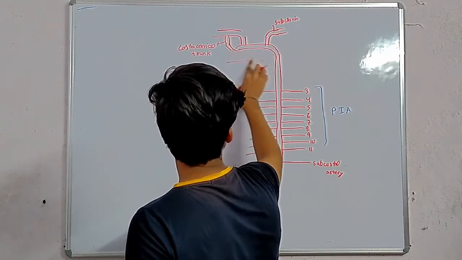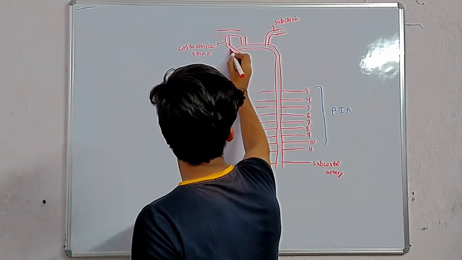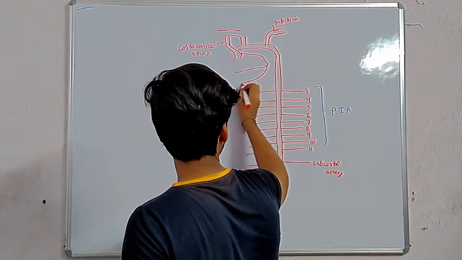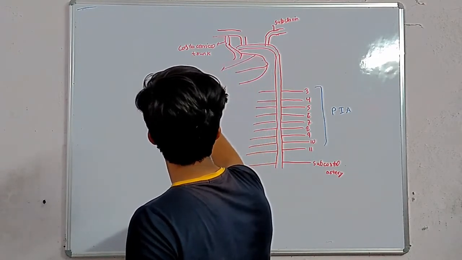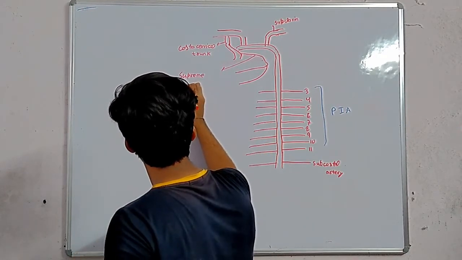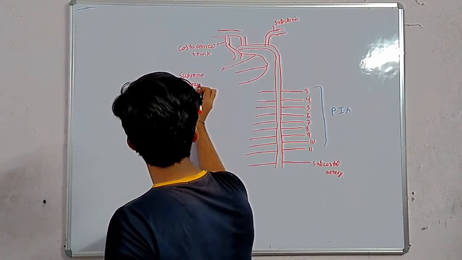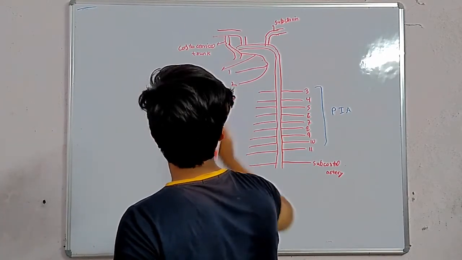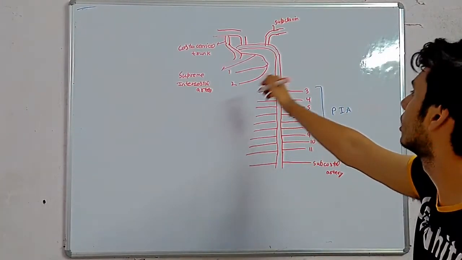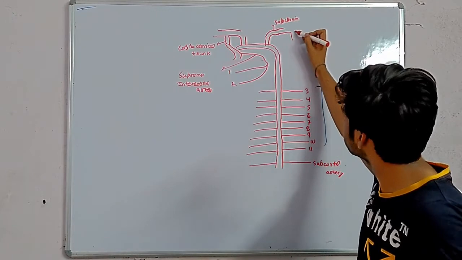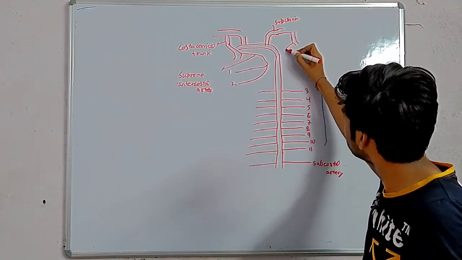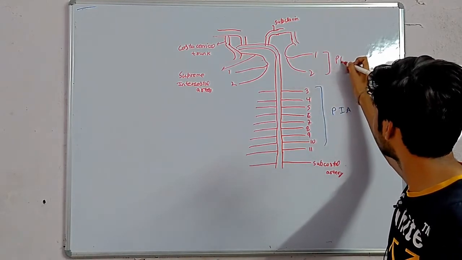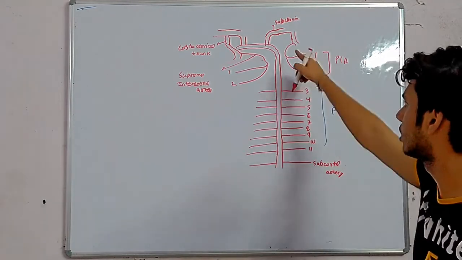This is the supreme intercostal artery, and these are the first and second posterior intercostal arteries. Remember, this is posterior intercostal, from the costocervical trunk branch, the supreme posterior intercostal artery, which then divides into 2.